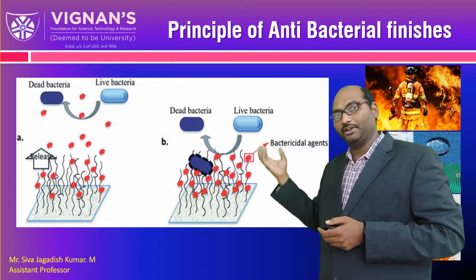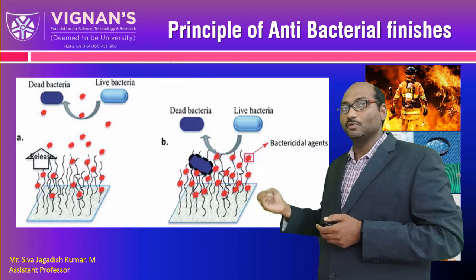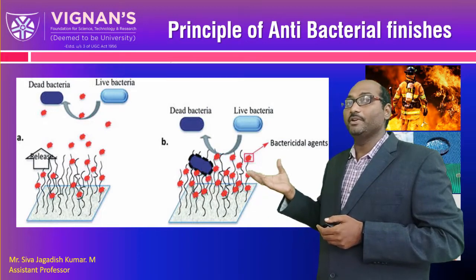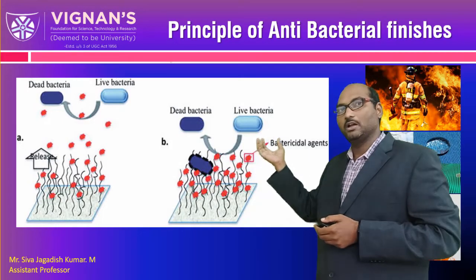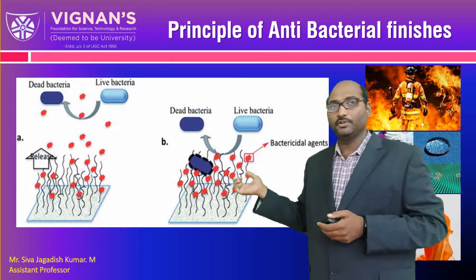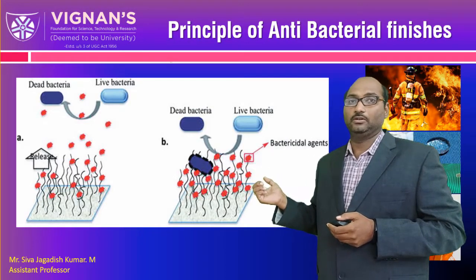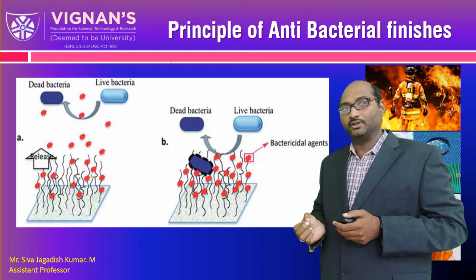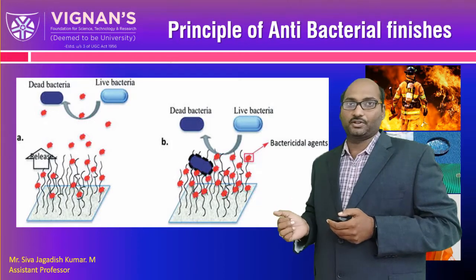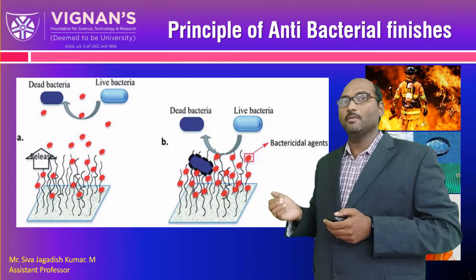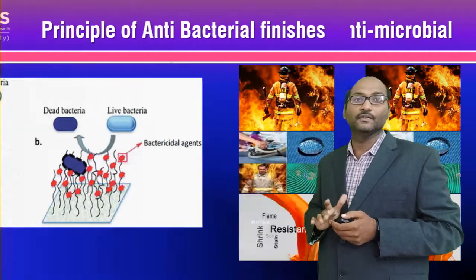When live bacteria come, the bactericidal agents will be released in such a way that the bacteria will be dead. That is one way. The other way is that live bacteria come and sit on top of this, so that they will be dead. These agents remain there itself, which makes it a more durable finish. So basically, when the bacteria come in contact with the fabric surface, they should be dead. That is the basic principle.